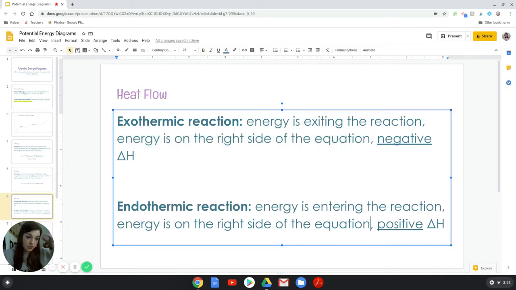And the opposite is true as well. For an endothermic reaction, the heat is entering, and therefore it would be on the left side of the equation, meaning that it had to go into the reaction to get it to happen. It would act as if it were a reactant, and that would result in a positive delta H.